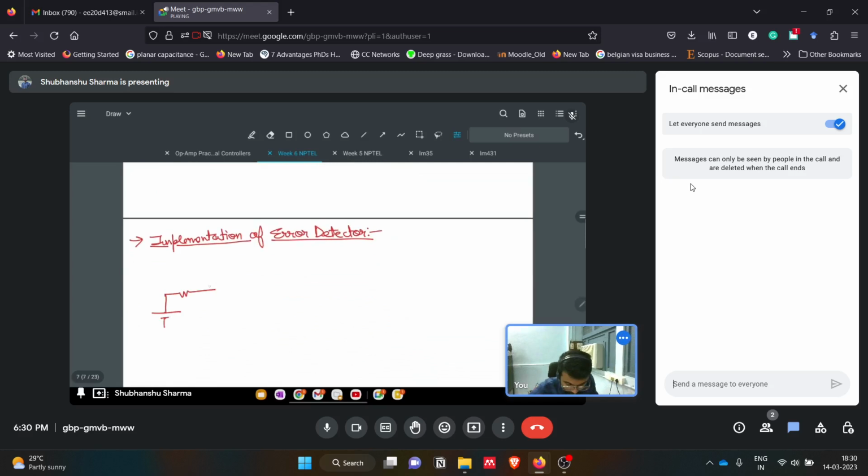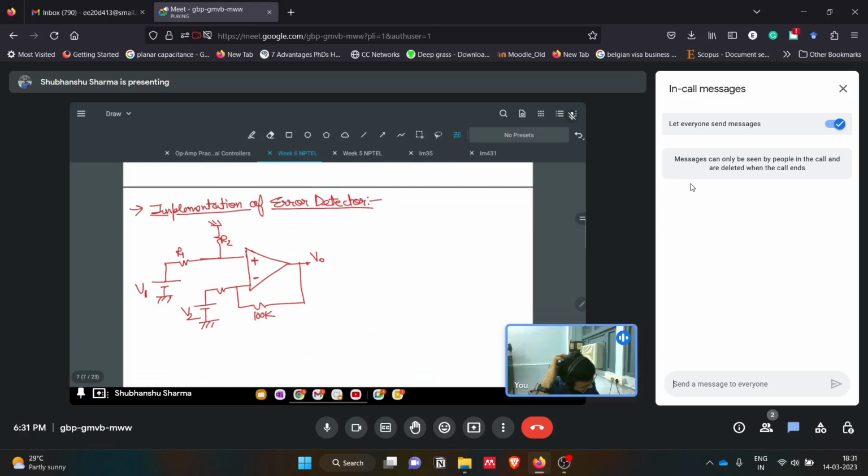We are using the V1 voltage here, and then we have resistor R1. So we are basically making a differential amplifier here. Here it is plus, here it is minus. We are giving a feedback network, and this is 100K. This is V2, and this is V1.